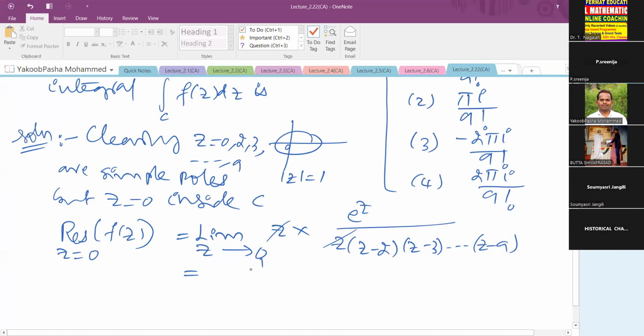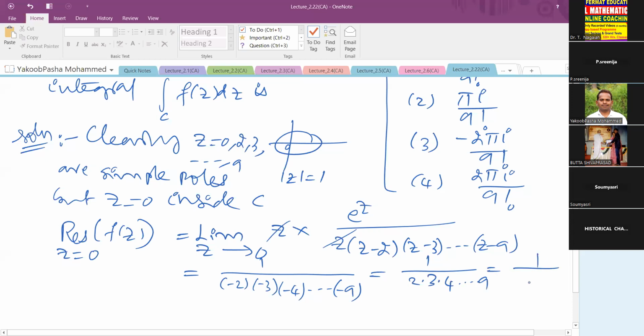So we get the numerator is 1, the denominator is minus 2, minus 3, next term minus 4, and so on up to minus 9. These are all 8 terms. So 8 minuses, even number of minuses means positive. So 1 by 2 into 3 into 4 and so on into 9, nothing but 1 by 9 factorial.